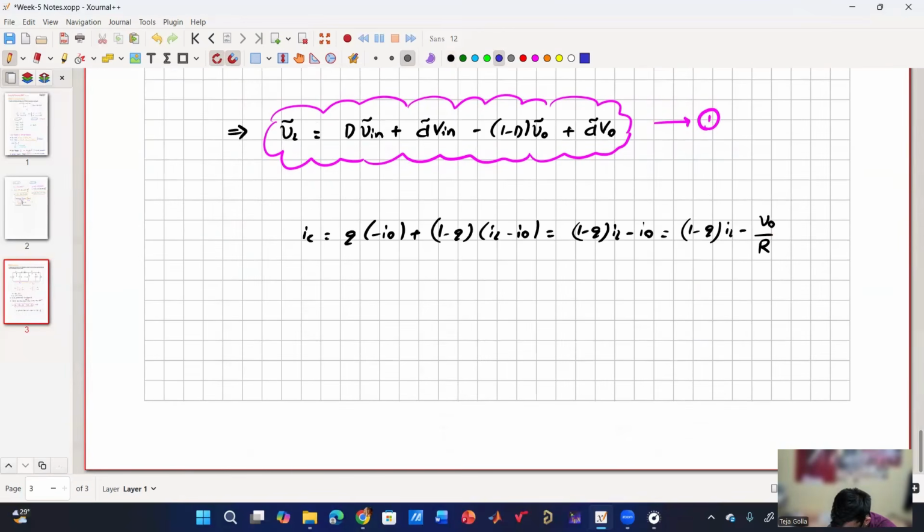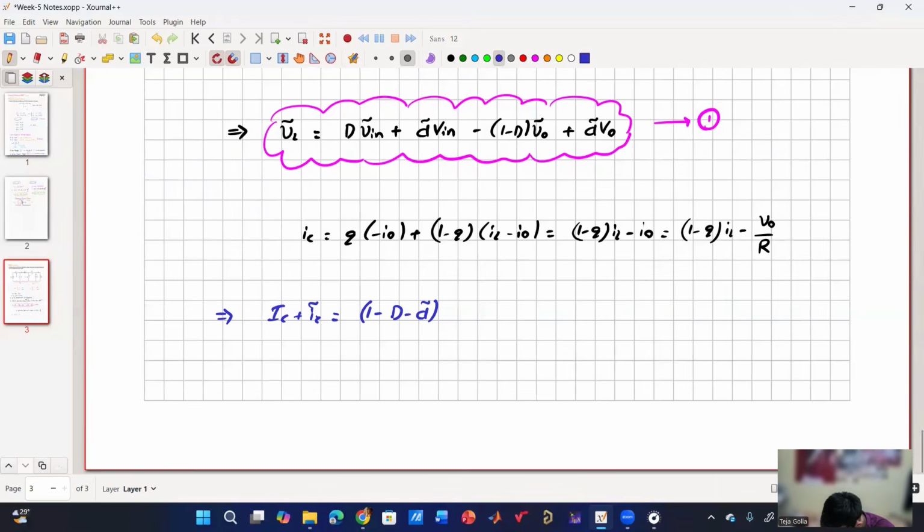Now let us do the same thing. We'll substitute. So I'll get IC plus IC tilde is equals to (1 minus D), so Q will be D, and D is D plus D tilde.